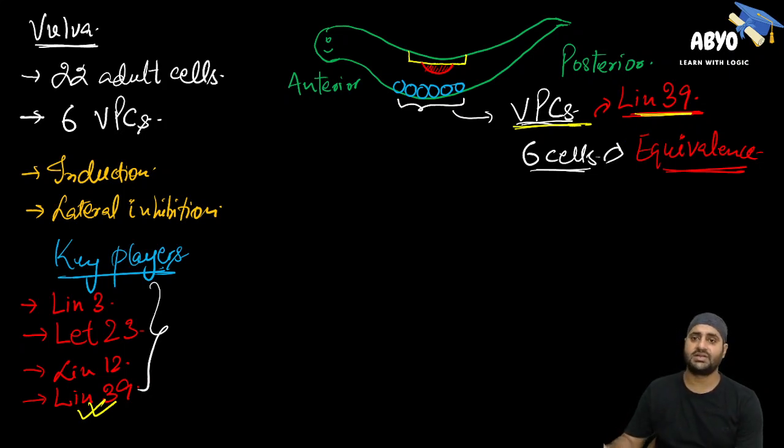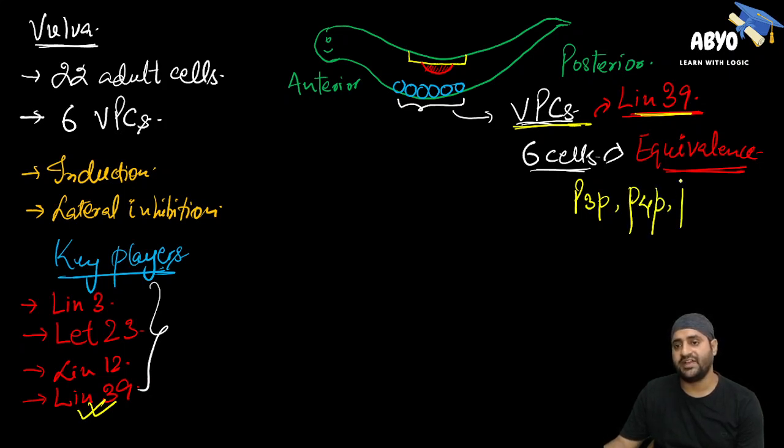Now, another concept is the names of these cells. These 6 cells are named P3.p, P4.p, P5.p, P6.p, P7.p, and P8.p.